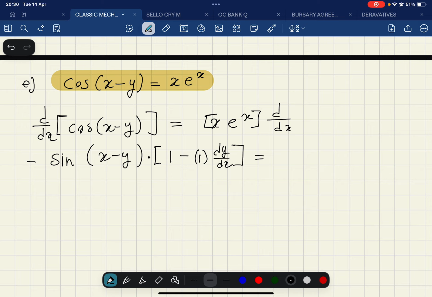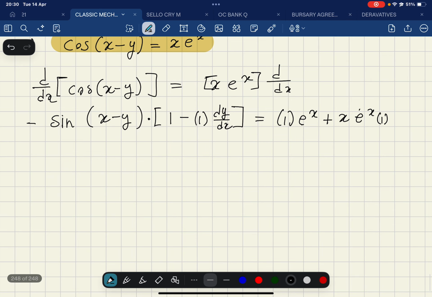On the right hand side, I'm going to use the product rule. So I derive the first one, which is x, I get 1. I keep e to the x, plus. I keep x, then I derive e to the x. I get e to the x multiplied by the derivative of x, which is 1.